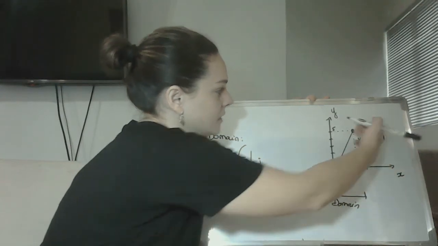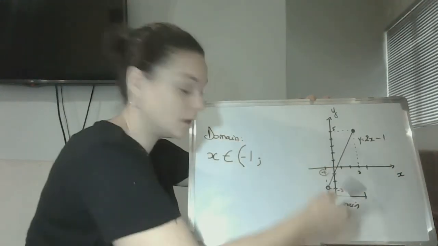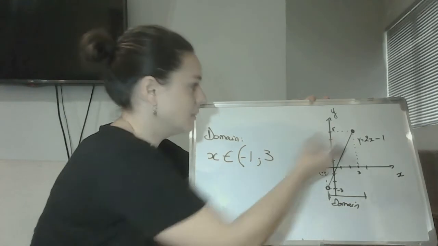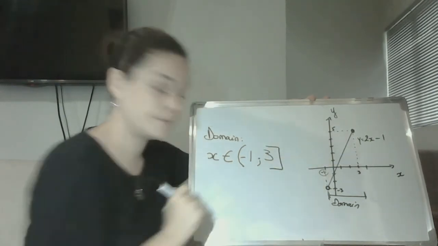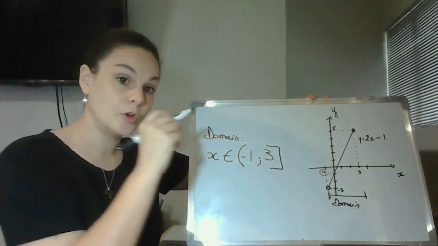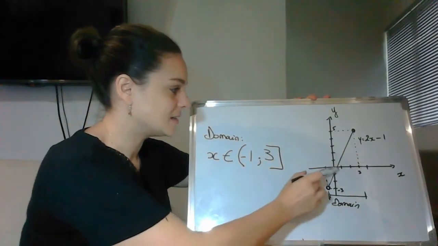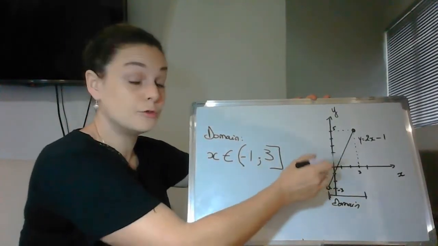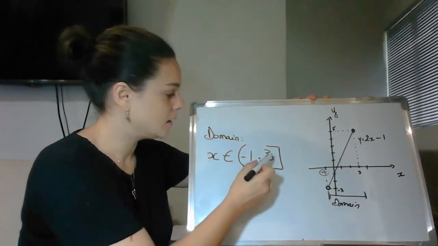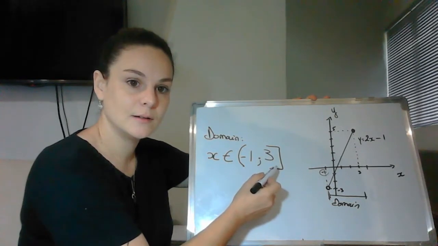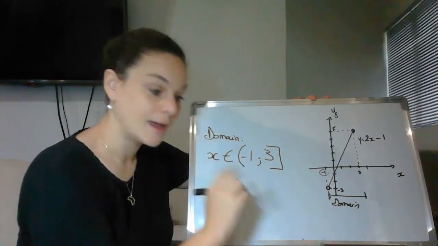After 3 there is nothing drawn anymore, so I'm stopping at 3. Because it's a black dot, I'm including 3. So the domain is read on the x-axis, and it starts for this one from -1 excluded up to 3 included. So that's the domain on the x.